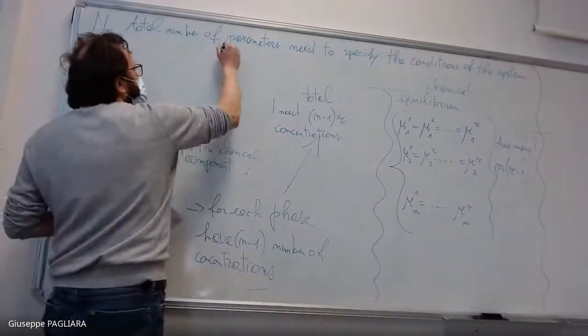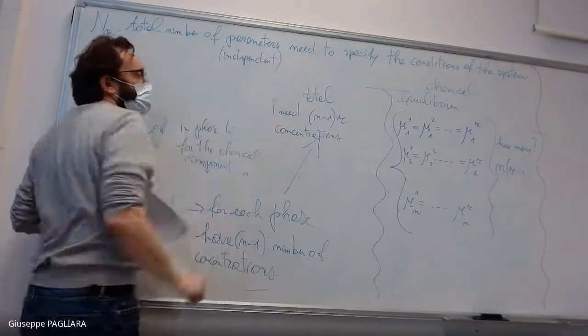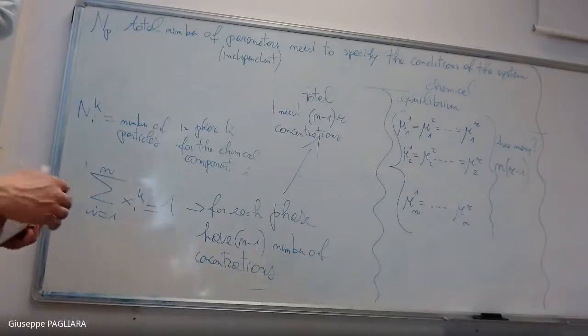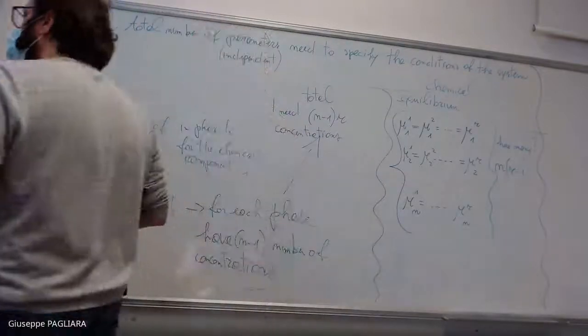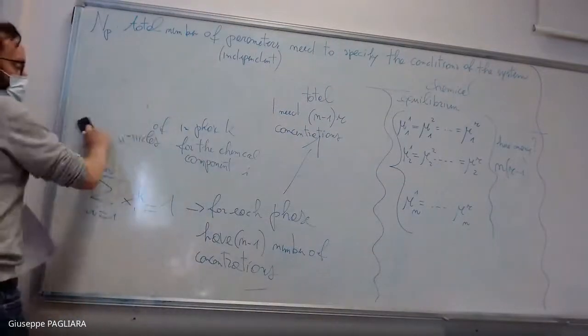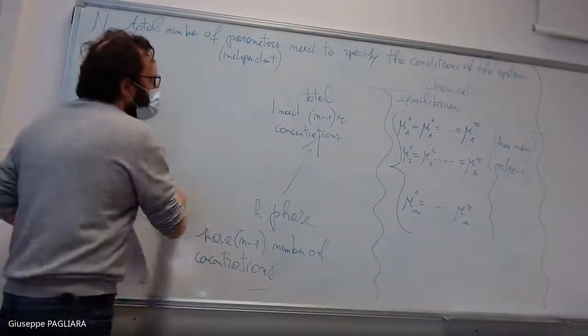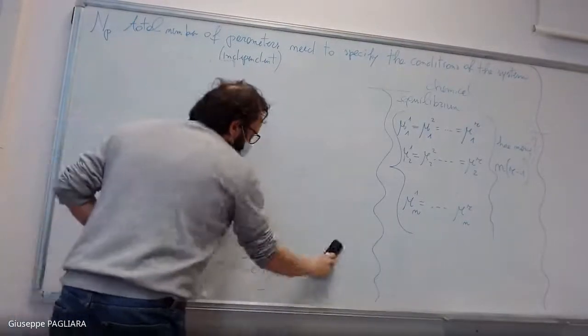Of course, these are independent parameters or independent variables. So we have a system in which we have r possible phases and n different chemical components, and NP is the number of independent variables that we need to completely specify the state of the system. Well, this number NP is provided by the following counting.